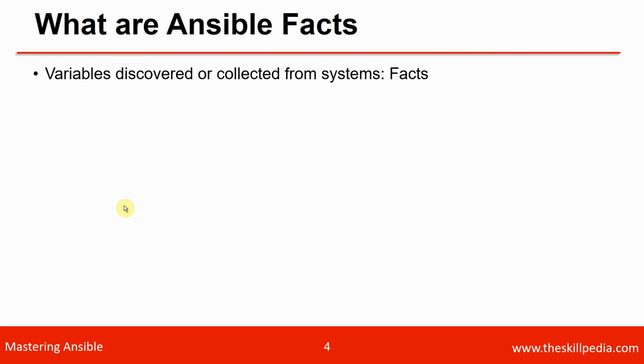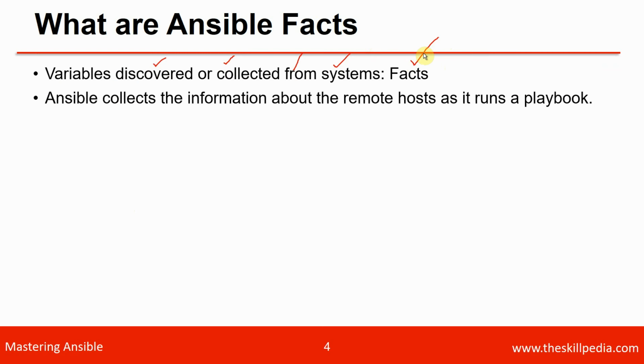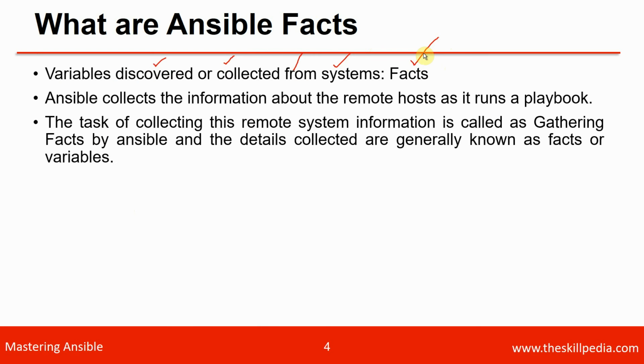The facts: variables discovered or collected from systems are called facts. Ansible collects the information about the remote host as it runs a playbook on that remote host. The task of collecting this remote system information is called gathering facts by Ansible.